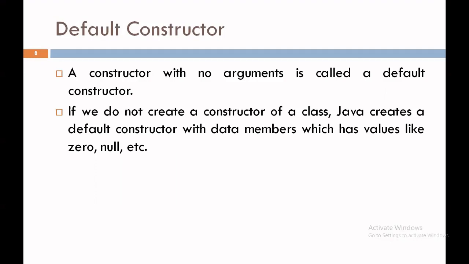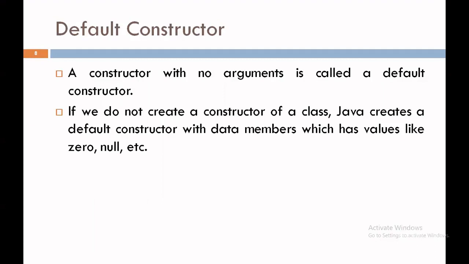Suppose we specify a constructor with no argument. That means an explicit constructor, a constructor which is created by the user. Then it will be a default constructor. In short, when we create a constructor without any parameters, this constructor is known as a default constructor.